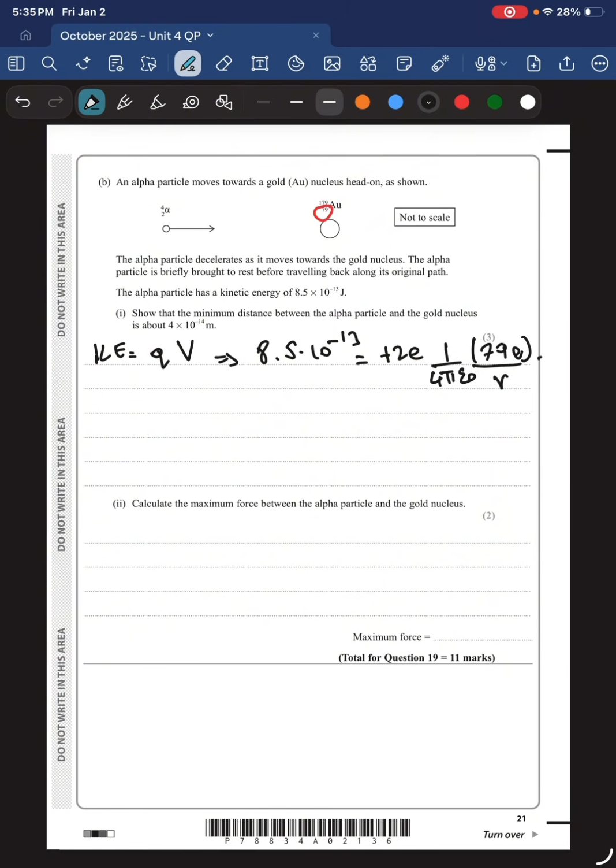Okay, so if we solve for r, 1 over 4 pi epsilon naught, we can cast this into 8.99 times 10 to the 9.